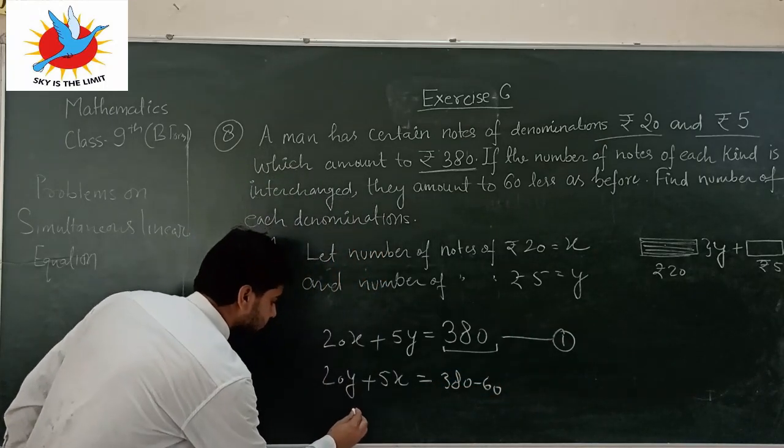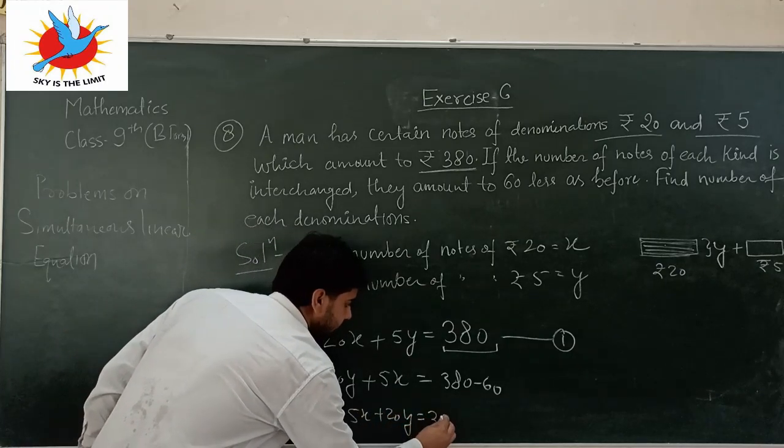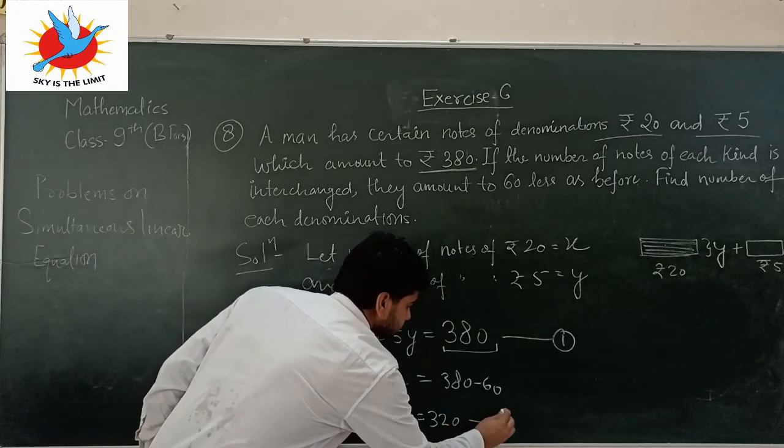So the equation is 5x plus 20y equal to 320. This is our equation 2.